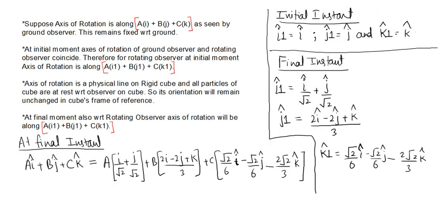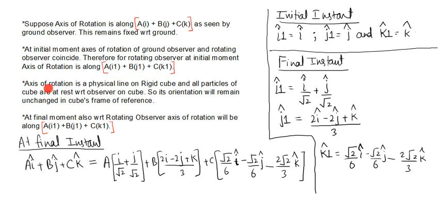Because at the initial instant, the coordinate axes of the rotating observer and ground observer are coinciding, according to the rotating observer the axis of rotation will be along a i1 cap plus b j1 cap plus c k1 cap.